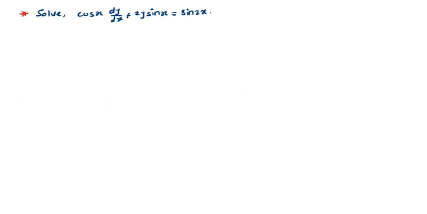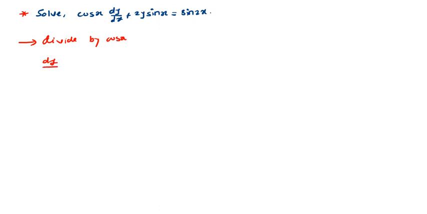Now if you observe the next example, clearly the y has degree 1 everywhere, so it is linear in y. So convert it to the standard form. Divide the whole equation by the coefficient of dy by dx, that is, divide the whole equation by cos x. What will we get?